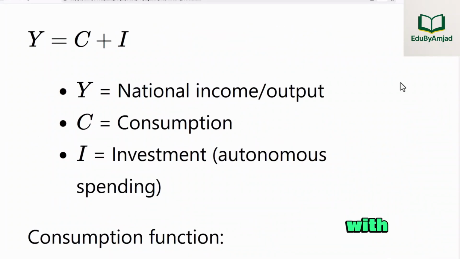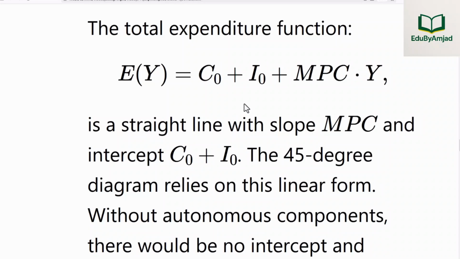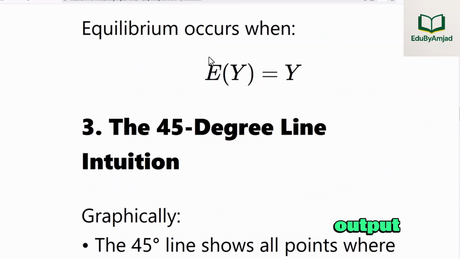Let's illustrate this with an example. In the Keynesian model of the economy, starting from a zero baseline, we use the national income identity where planned expenditure, made up of autonomous spending and induced consumption, is set equal to national output or income.